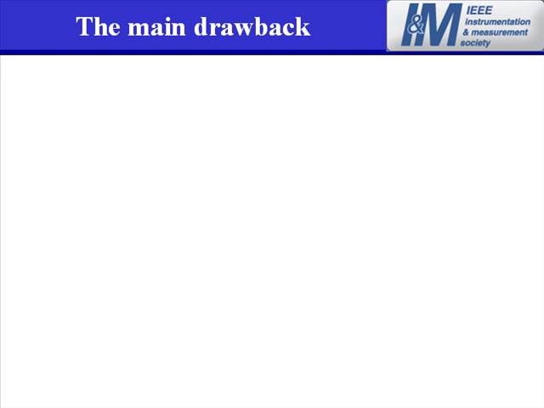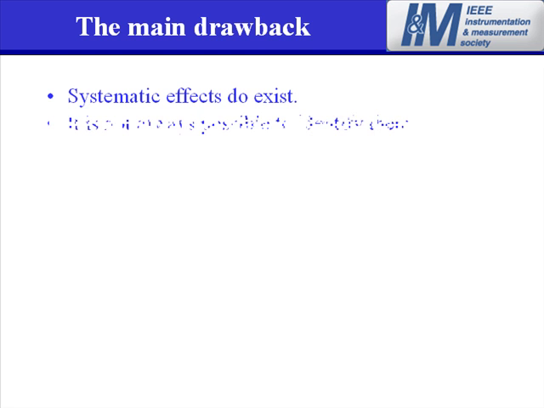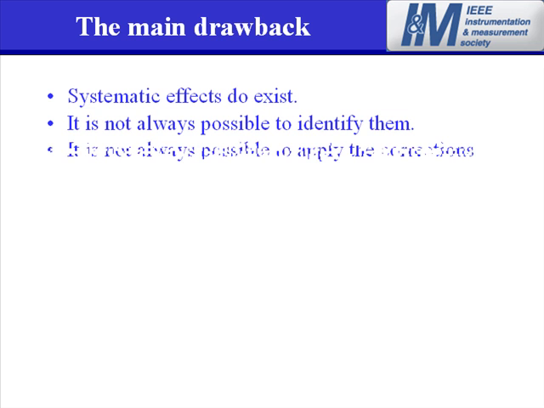But now, let's go back to the main drawback. It's again related with the systematic effects. The GUM requires that they are not present, or if they are present, they must be identified and properly corrected. So, the problem is that the systematic effects do exist. It's not always possible to identify them.